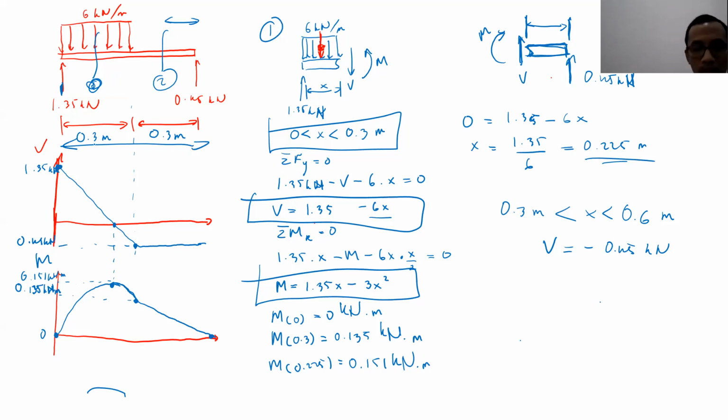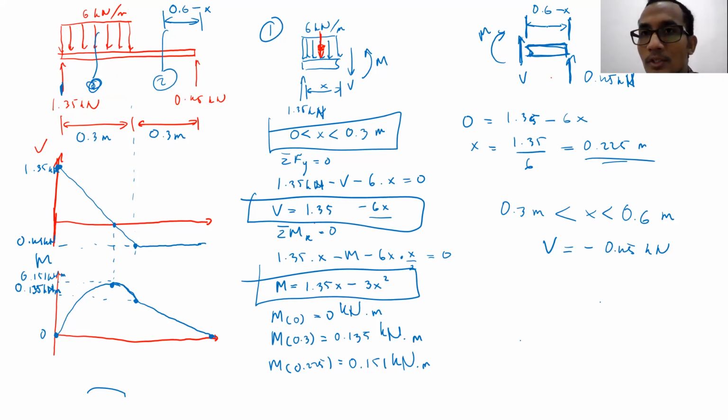So it's 0.6 minus x here, the same as here. That's the most important part because that's the thing which will help you answer the question.